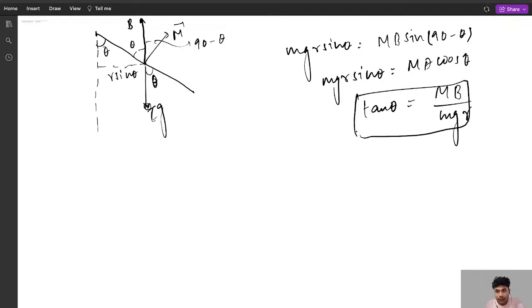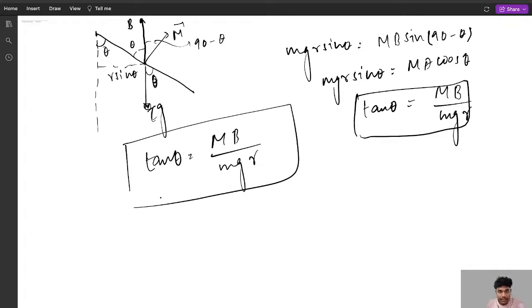We get the value of tan theta, that is mB upon mgr. So this is our value of tan theta. And what is the value of m and B? Just put the values: m is I into pi r square, and B is B naught.